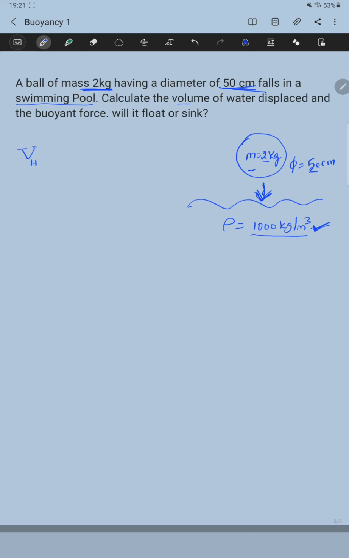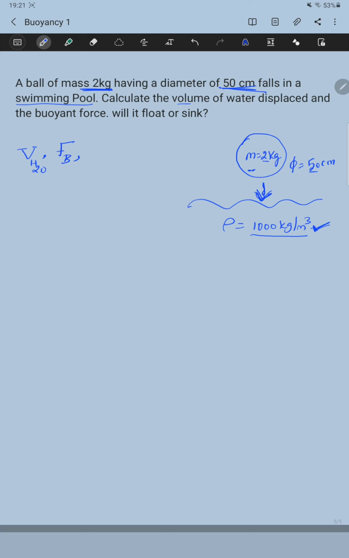If you remember from Archimedes' principle, the volume of the water displaced would equal the volume of the body. And then the buoyancy force FB. And will it float or sink?